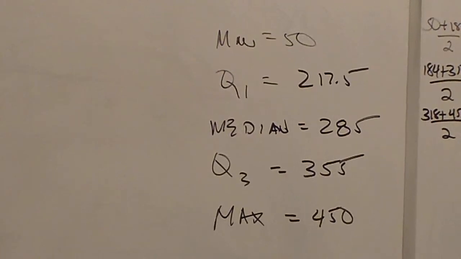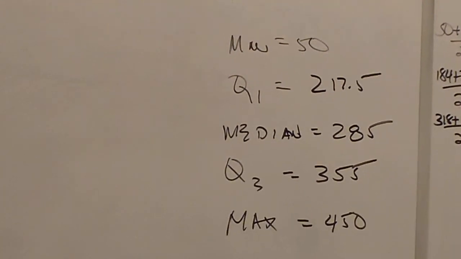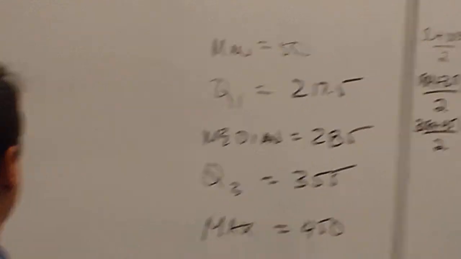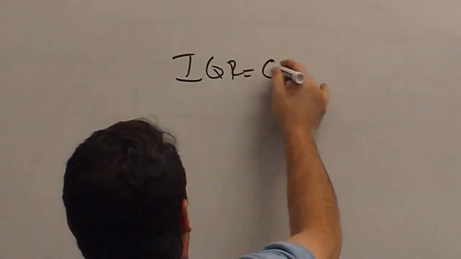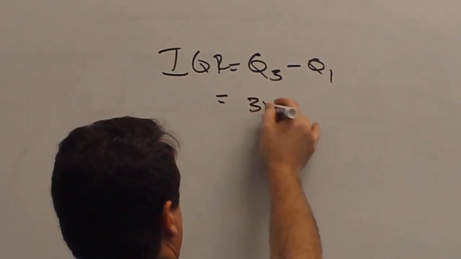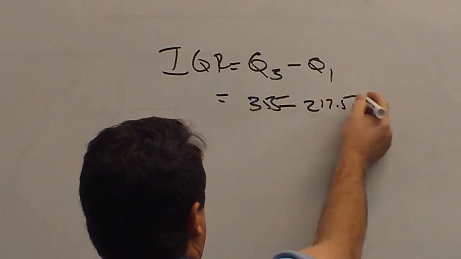Right? So what do we have to do to find a box and whisker plot? We have to find our lower bound on outliers and our upper bound on outliers, right? How do we find that? We first have to find what? The IQR, interquartile range. The IQR is simply Q3 minus Q1, right? Which in this case is 355 minus 217.5.